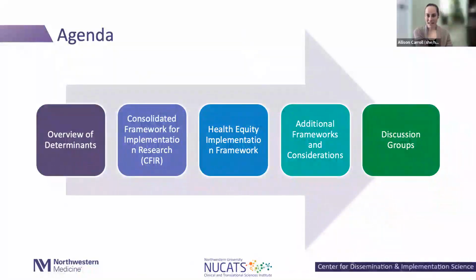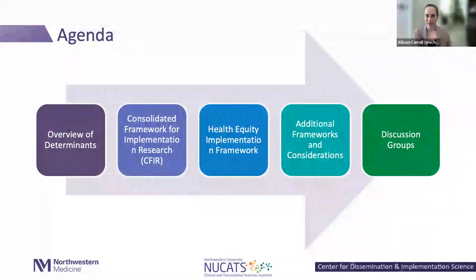I will start by just giving us a bit of an overview of what we're talking about when we're talking about determinants. Also, apologies that there may be some noises from my background here today. And then Amy's going to go a little bit more in depth on the Consolidated Framework for Implementation Research, or the CFIR, one of your readings today.